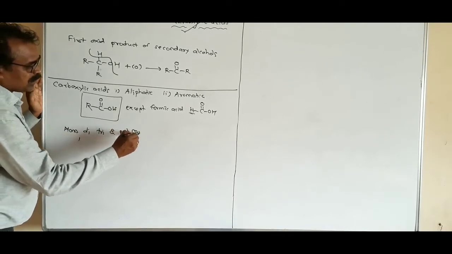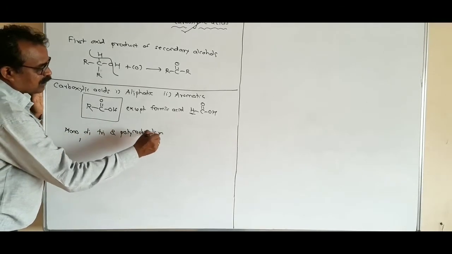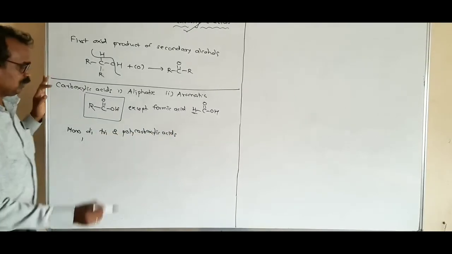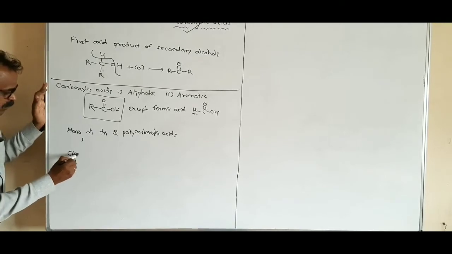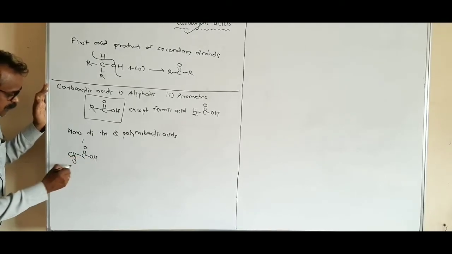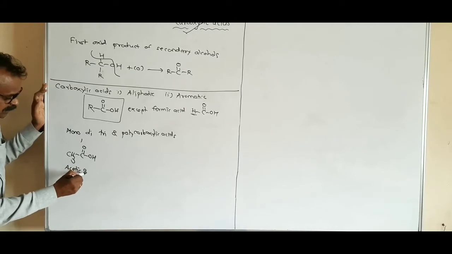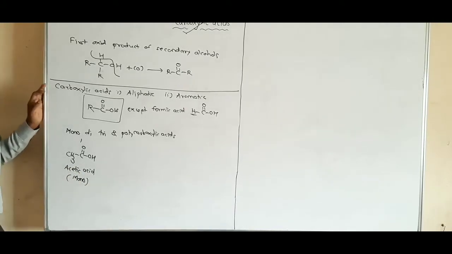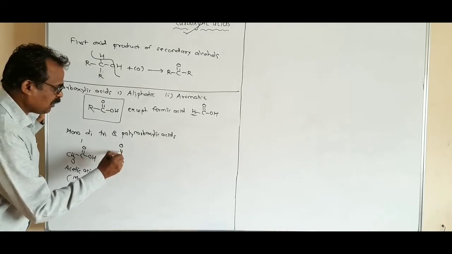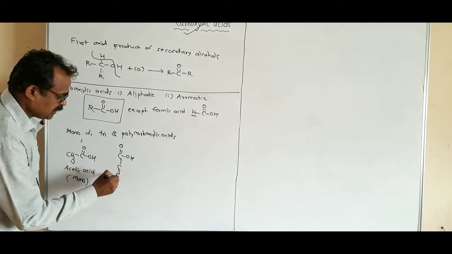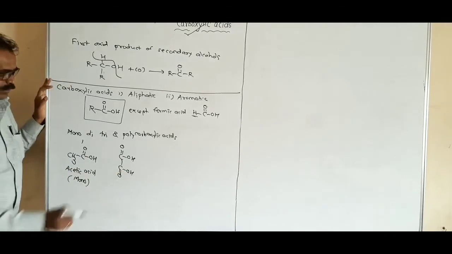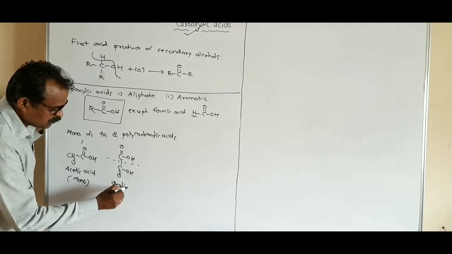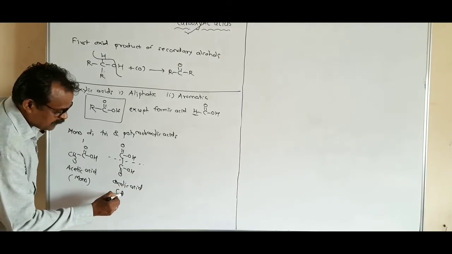And according to the number of carboxylic groups, these carboxylic acids may be classified as mono, di, tri and polycarboxylic acids according to the number of carboxylic groups present in their molecule. Monocarboxylic acid contains only one carboxylic group, for example acetic acid. If we consider oxalic acid, H2C2O4, it has two carboxylic groups, therefore it is known as dicarboxylic acid.